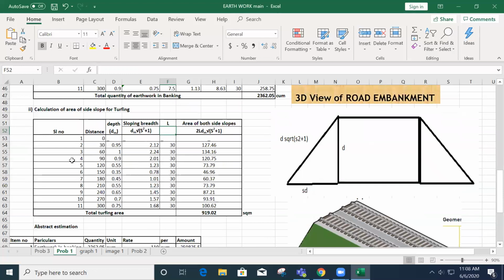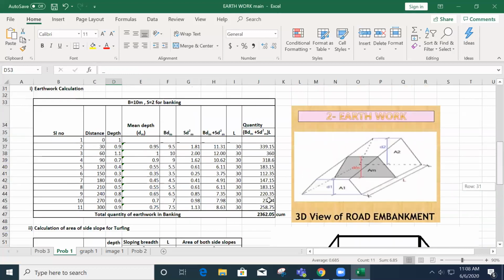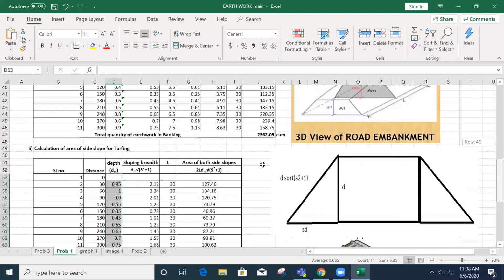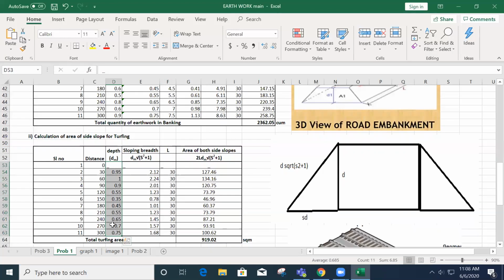So this serial number and distance and this dm, we can copy from the previous table here. Mean depth. We are not taking depth, we are directly taking the mean depth which we have already calculated. Here, this is dm. For this, it should be dm into square root of S square plus 1.